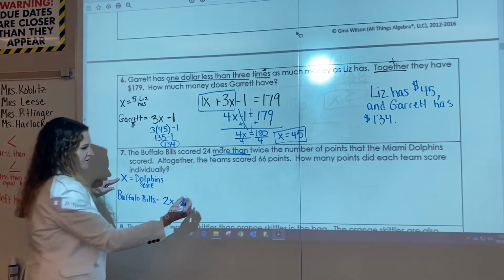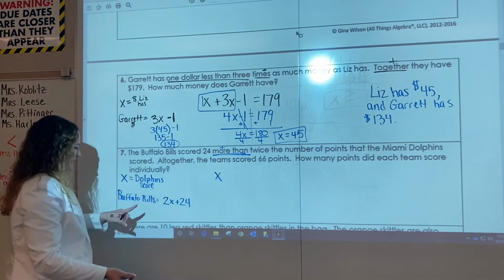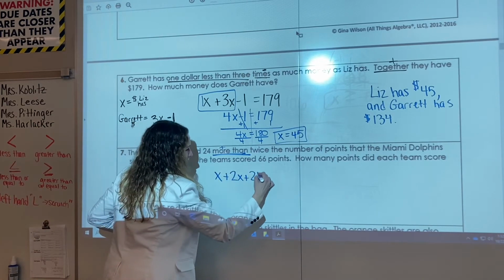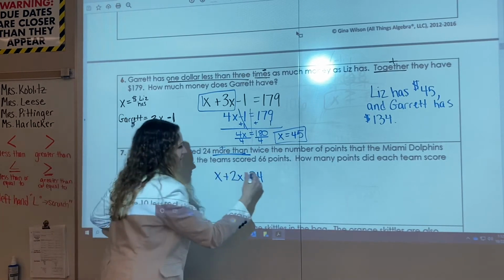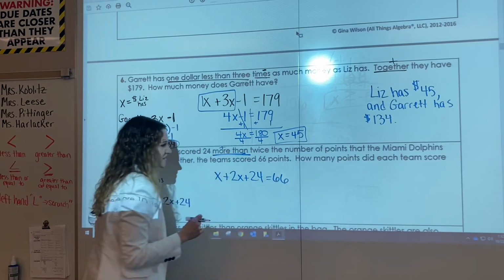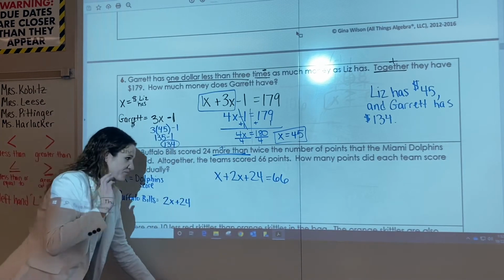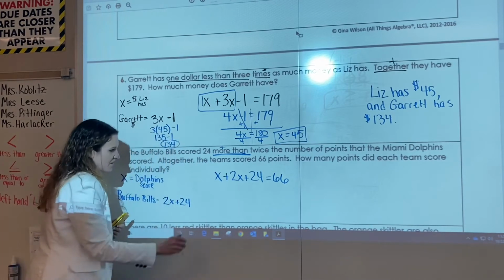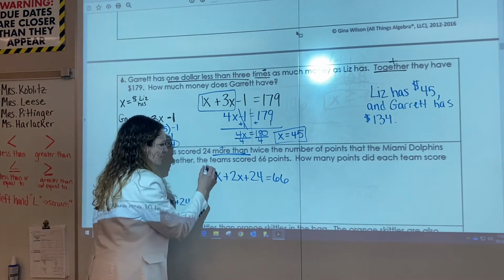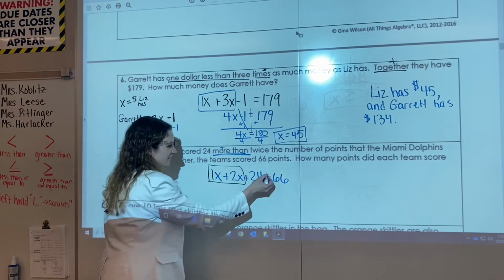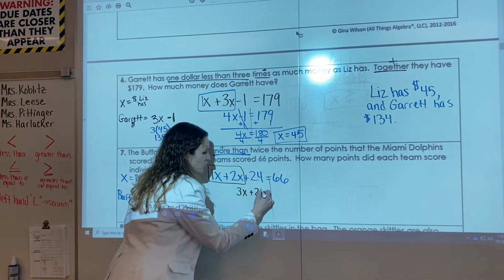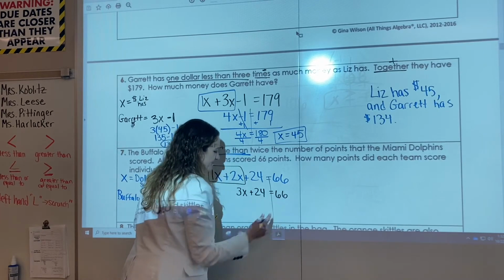So we have the Dolphins score, which is X, the Buffalo Bills score, which is 2X and 24, and all together, that gives us 66 points. Well, let's combine our like terms and see what we get. This is my 1X, so I'm going to put these two together because they're on the same side of the equal sign. So I'll get 3X plus 24 equals 66.